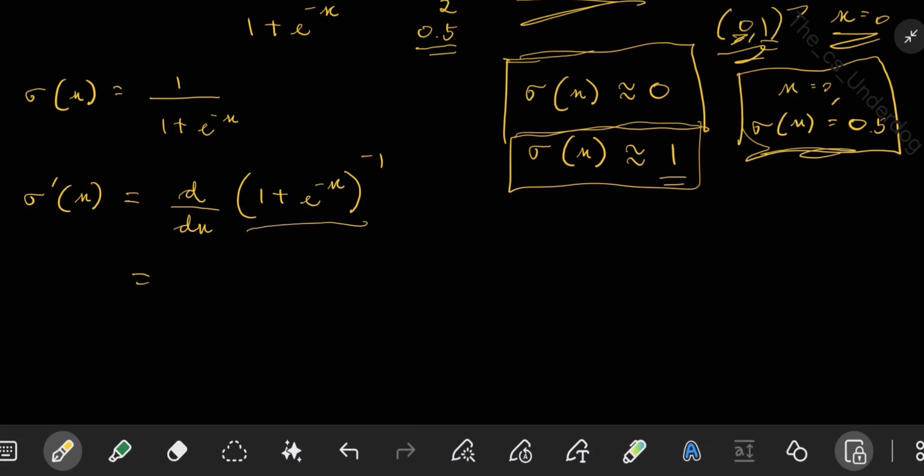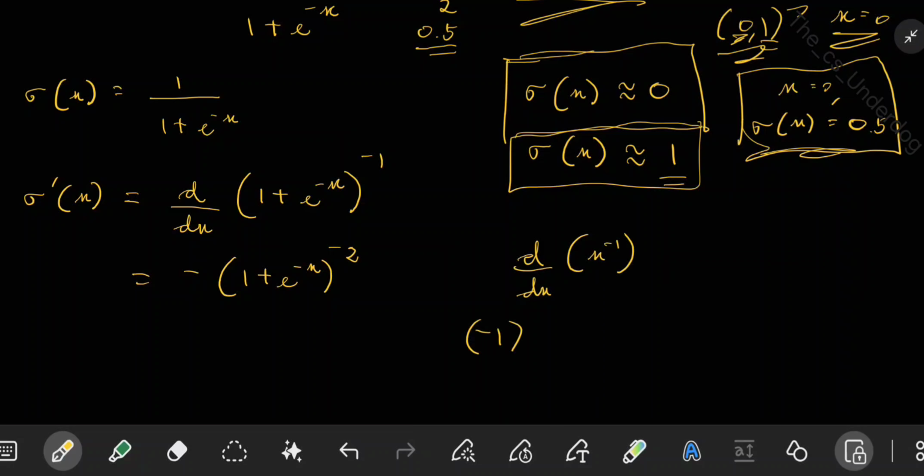First of all, when you do d by dx of this, this will become minus 1 plus e power minus x whole raised to minus 2. How did this come here? Because d by dx of x power minus 1 will be minus 1 into x power minus 2. That is how this became.